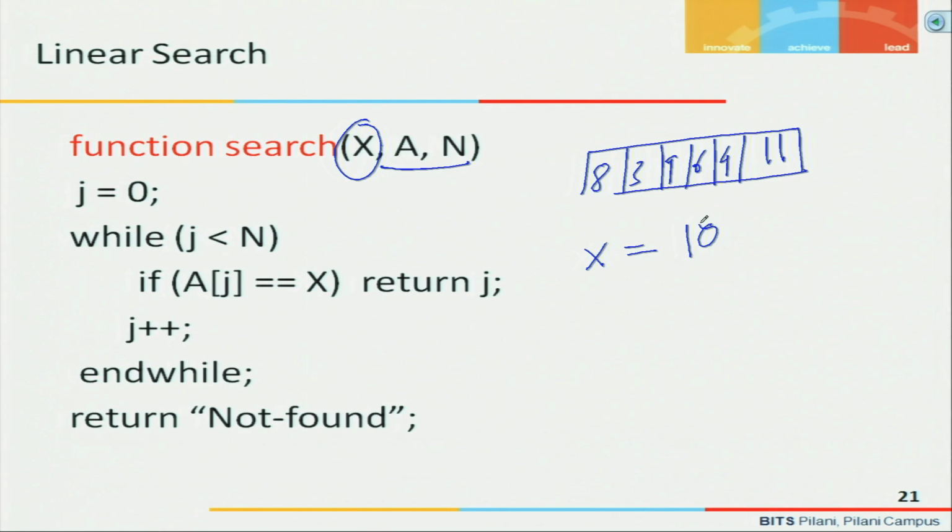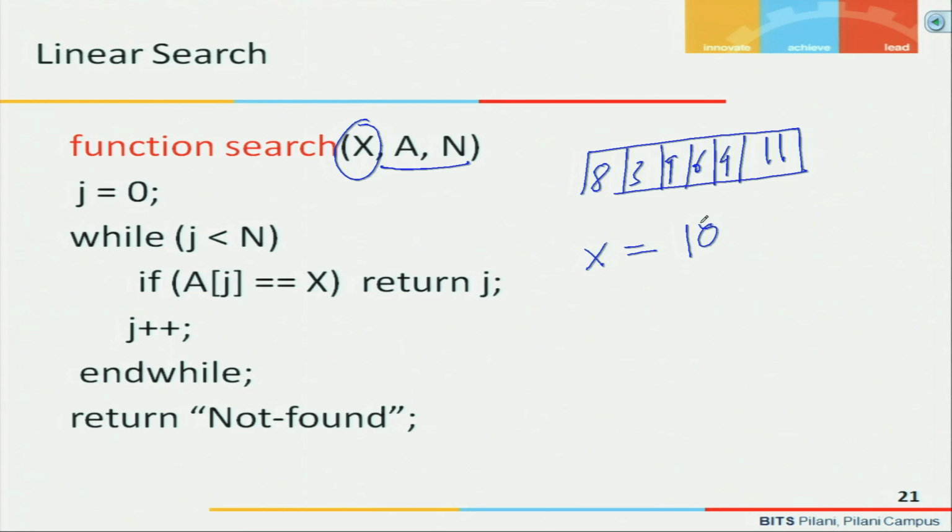The idea is simple. You start with the first element of the sequence and just scan across and compare with the key. Again, we are just trying to find whether it is present or not. We are not interested in how many times it is present. The problem is simple, just to see whether the key belongs to this sequence.